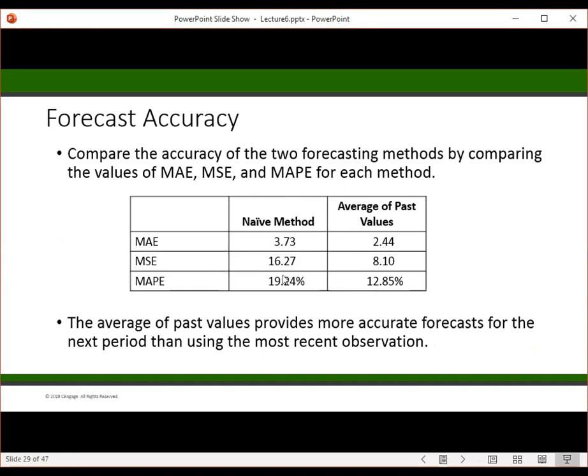We can compare the different error types we get, the mean absolute error, the mean squared error, the mean absolute percentage error, and we can see which of the two approaches gives us a lower error rate for our particular data set. So error is something we want to consider. We want to obviously come up with something that gives us the lowest possible error rate.